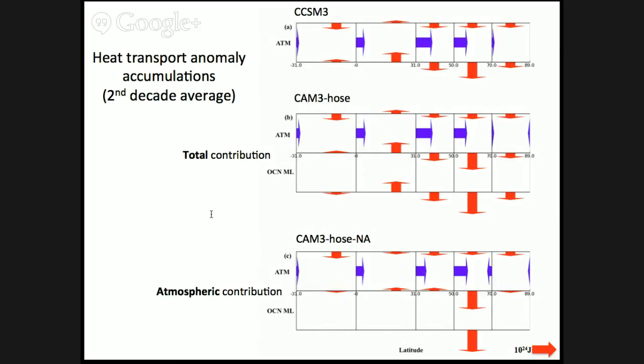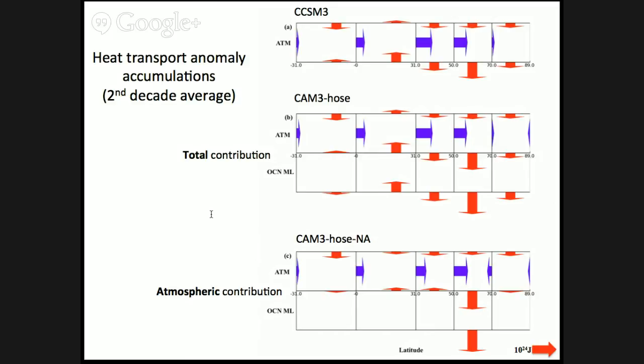The second is including both the atmosphere and oceanic contribution, and the third is only showing the atmosphere contribution. You see that this total contribution mimics the fully coupled simulation. And the fully coupled is only showing the atmosphere because the ocean part is not calculable.